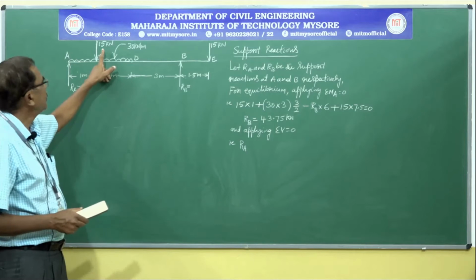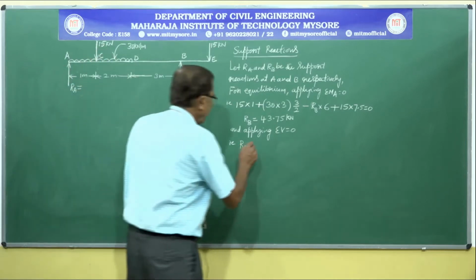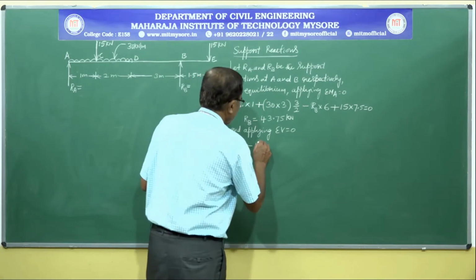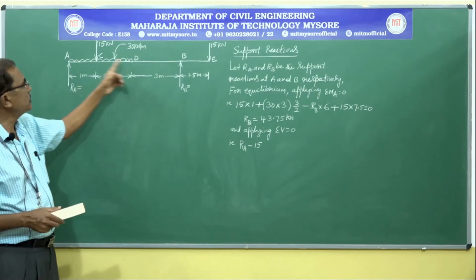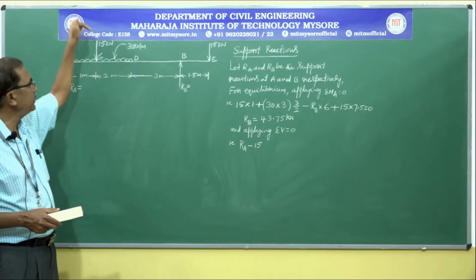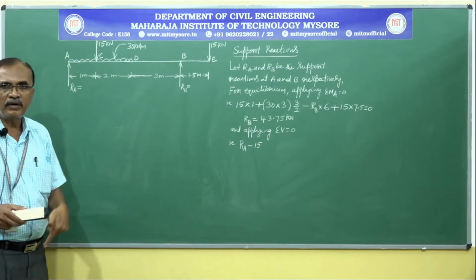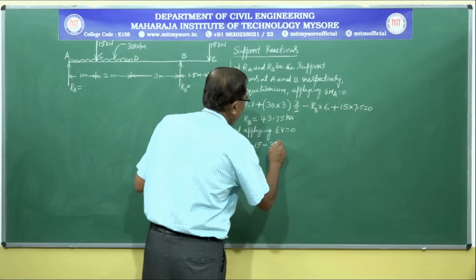Next, consider this point load 15 kilonewton acting in the downward direction. When we treat RA as positive, automatically this 15 kilonewton becomes negative. Convert this UDL to a point load, 30 into 3, and this point load is also acting in the downward direction, minus 30 into 3.